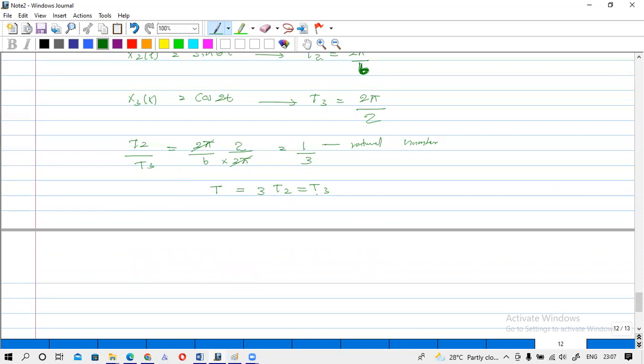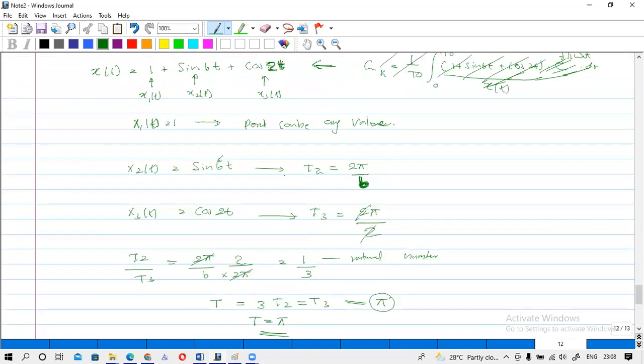So what is T3? The 2 cancels out, and you will get 5. So this 5 is the composite signal period. I hope you can understand this.